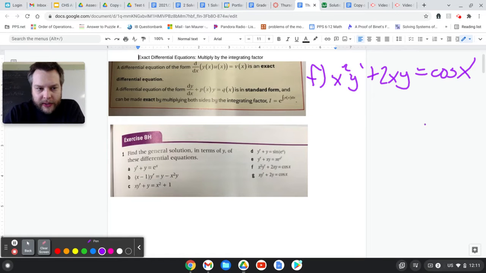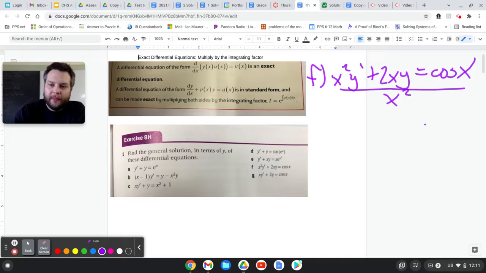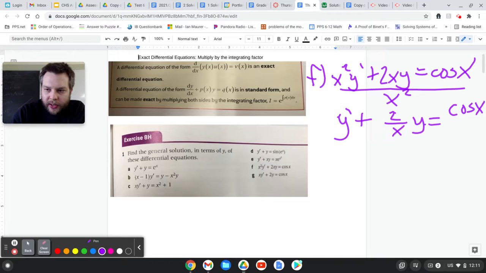So here we've got this differential equation, and it is not in standard form because there's something attached to the y prime. So my first idea is divide everything by x squared, leaving me with y prime plus 2 over x times y equals cosine x divided by x squared.